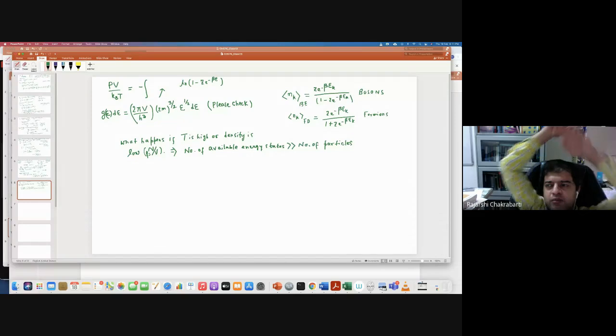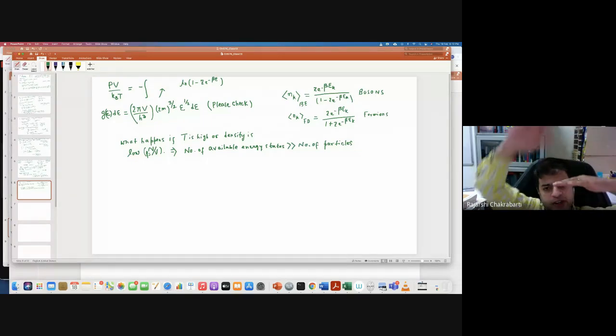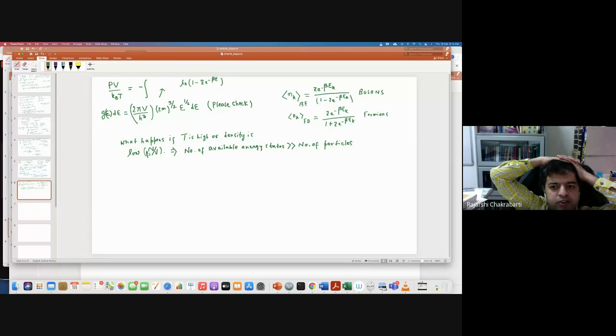So you will see that very closely spaced energy levels are there, but actually your temperature is high or density is low. Then the number of available energy states is much more than number of particles. Accessible energy states are huge in number compared to the number of particles.